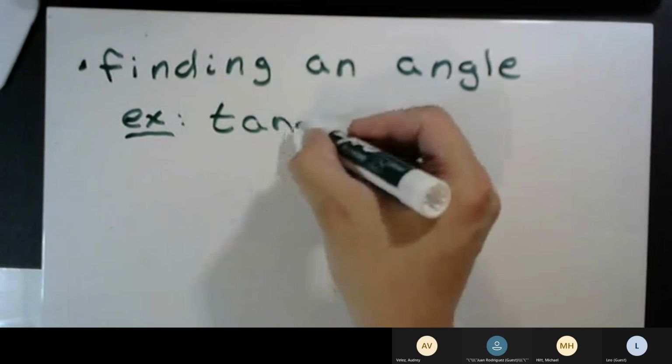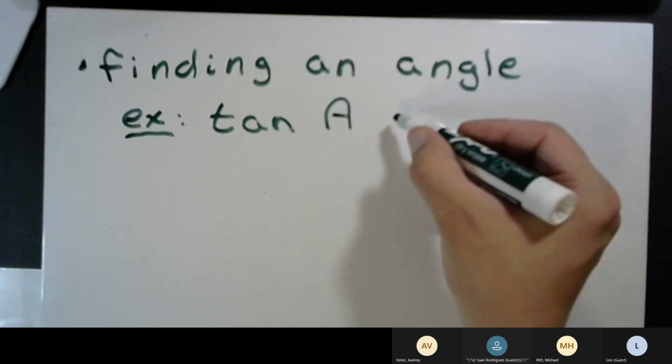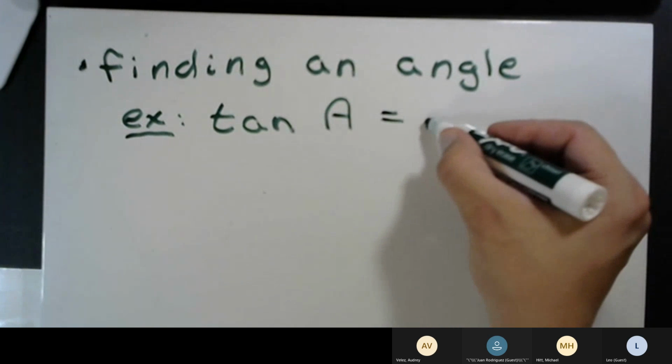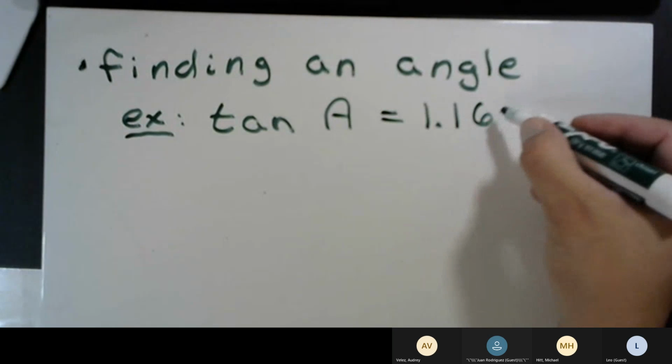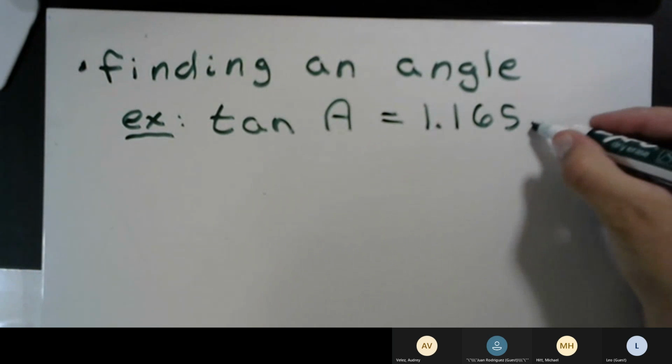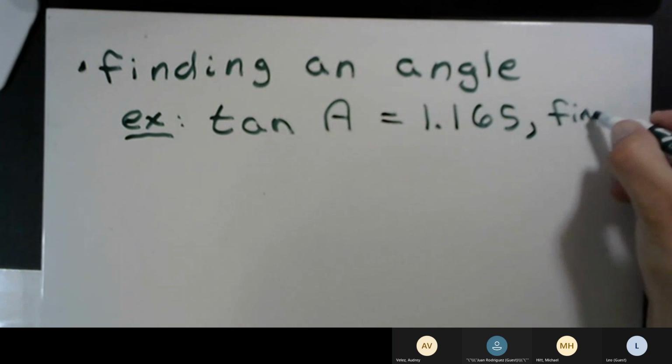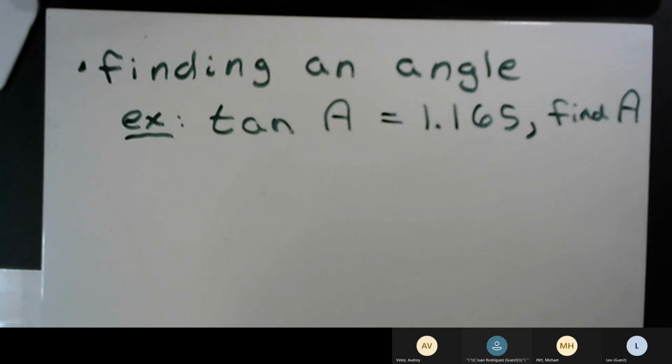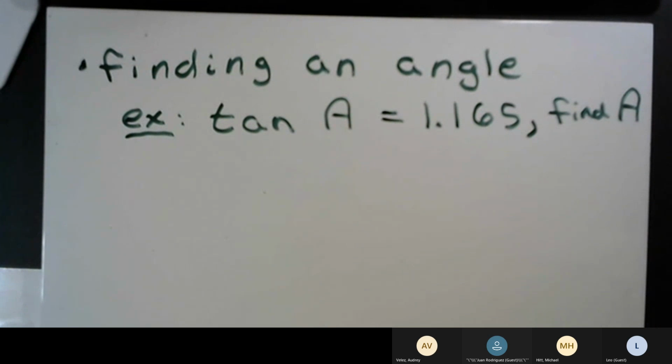The tangent of A equals 1.165, or 1 and 165 thousandths. Find A.